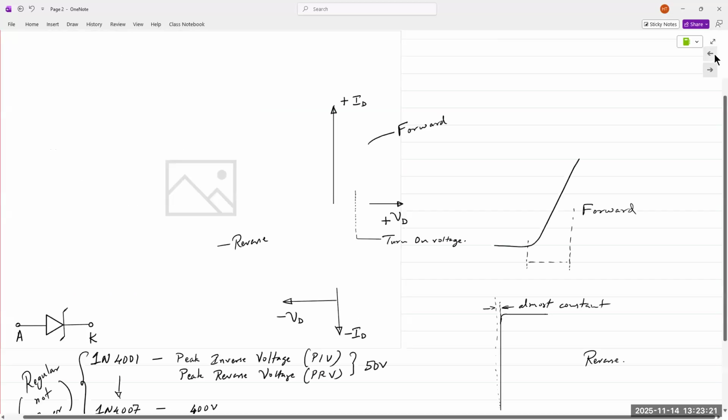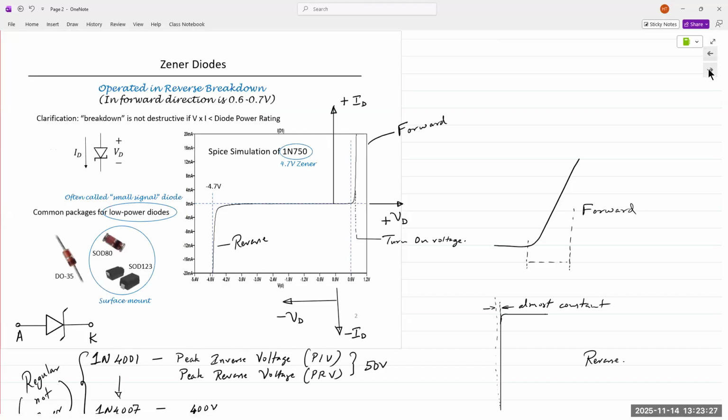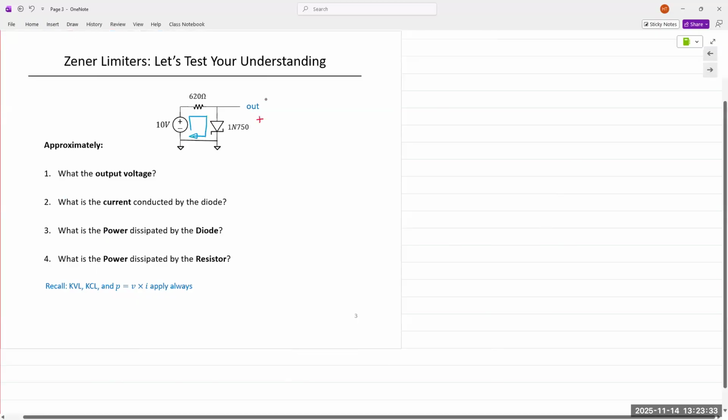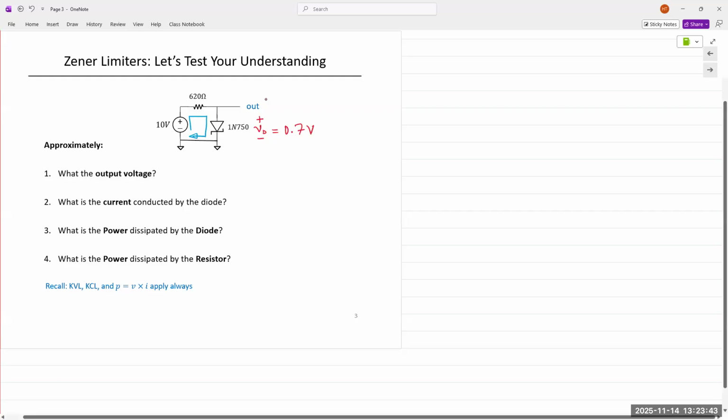1N750, a typical silicon diode, we can say forward bias is around 0.6 to 0.7 volts. So for the diode voltage VD, let's just use 0.7 volts. So then what is the voltage across the 620 ohms?